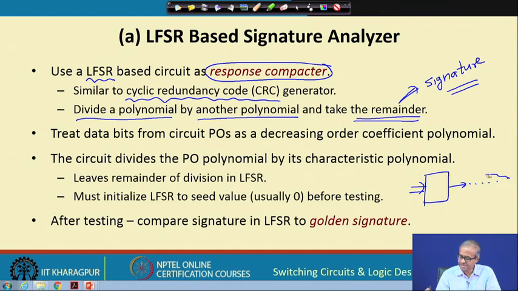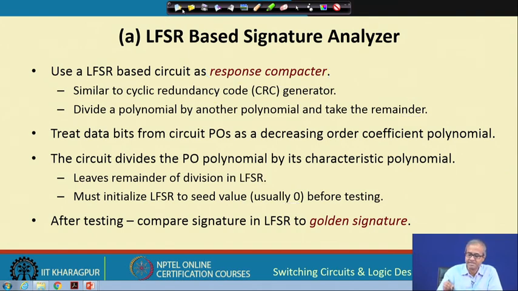It will be dividing the polynomial representing the output bit stream by the characteristic polynomial of the LFSR. We have seen that an LFSR has a characteristic polynomial. So, polynomial division will take place, and whatever remainder is there in the LFSR, that will be the signature. And one thing to remember, before testing starts, we must initialize the LFSR to the all 0 pattern. Okay? Fine. Let us see how it works.